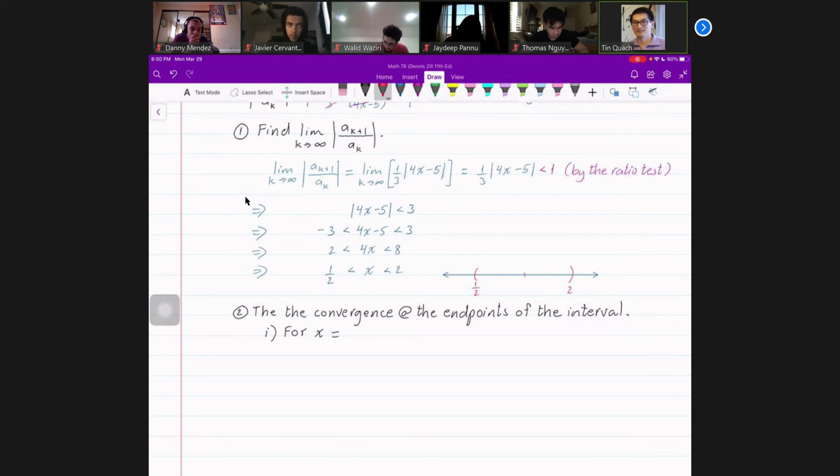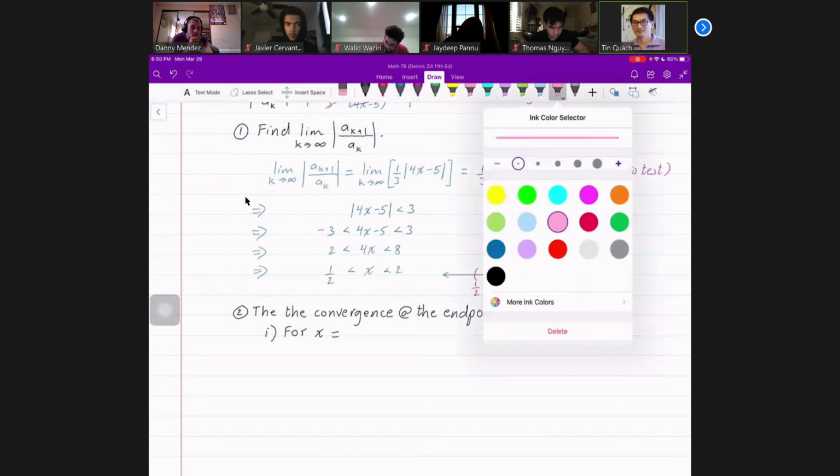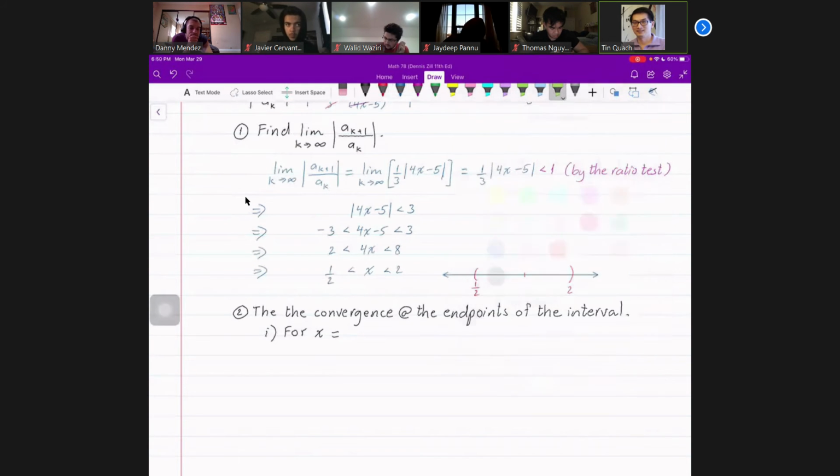What is in between 1/2 and 2? 1.25. How did you get that? You add them together and then you divide by 2. You get the midpoint? Okay. Yeah.